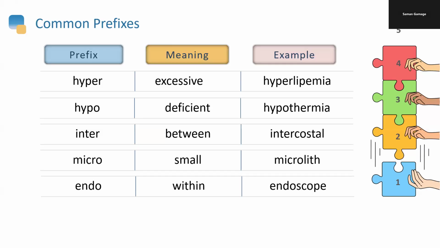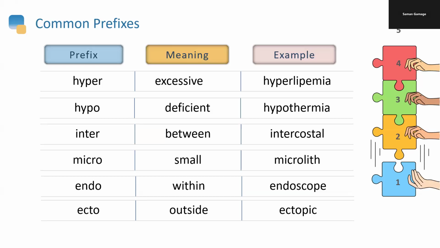Endoscope is an instrument used to examine the interior. There are gastroscopes to examine the interior of the stomach, esophagoscopes to examine the interior of the esophagus, colonoscopes to examine the interior of the colon. They are all endoscopes. Ecto means the opposite.